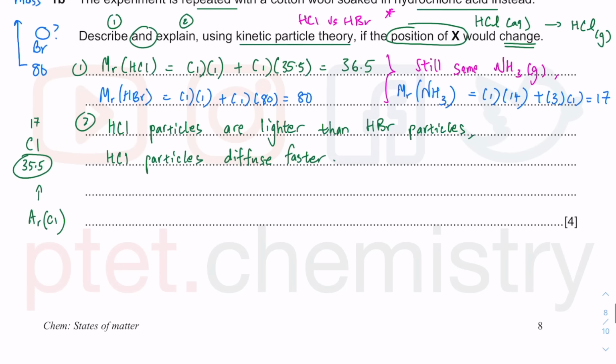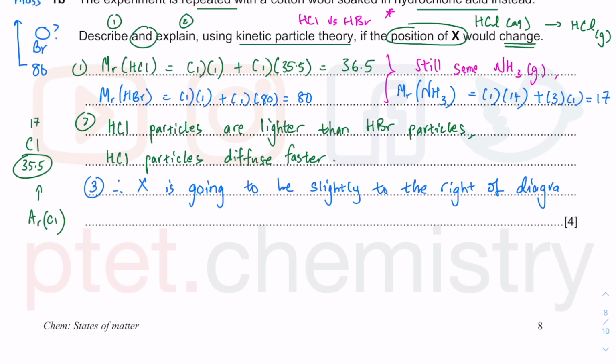Okay, so we will say X is, I should probably use a different color ink just to emphasize my point. So therefore, X is going to be slightly to the right of the diagram shown above.